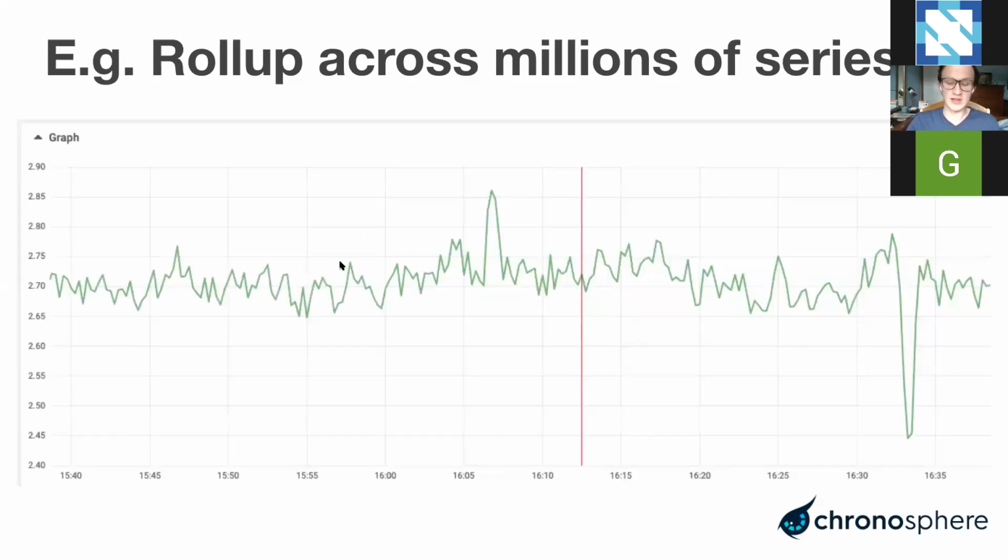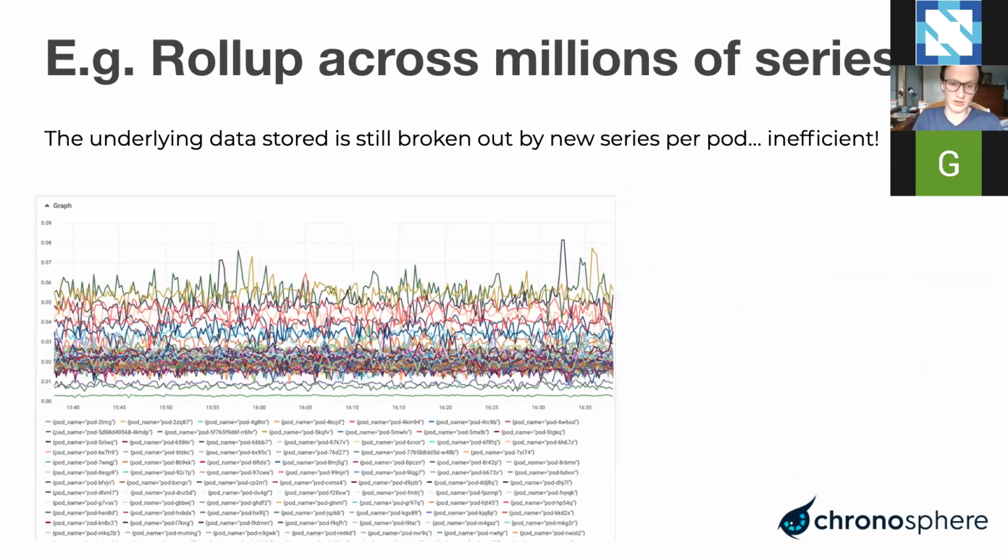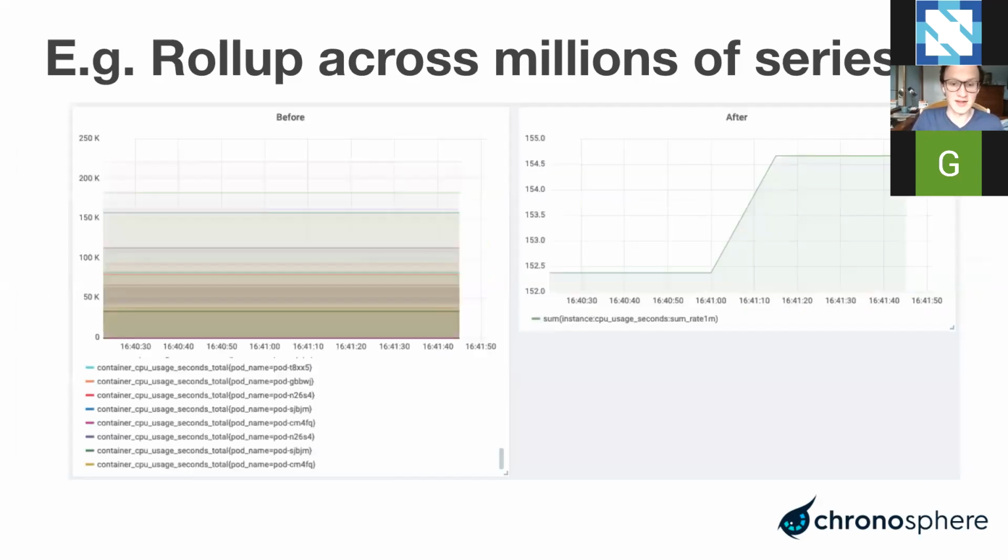What that ultimately looks like is that now on disk, it's a single series instead of many. This is a before and after picture of collapsing your metric down by a particular dimension, where you have many different series broken out by pod name, and then we've collapsed them into a single one.